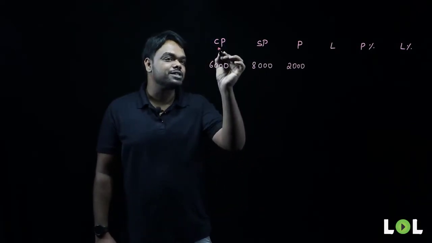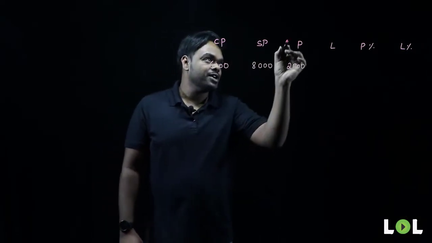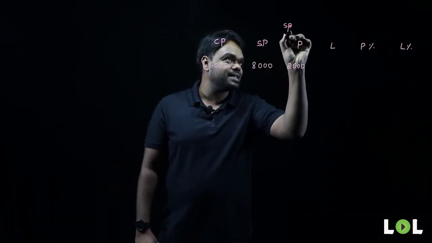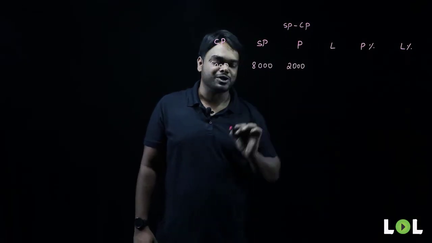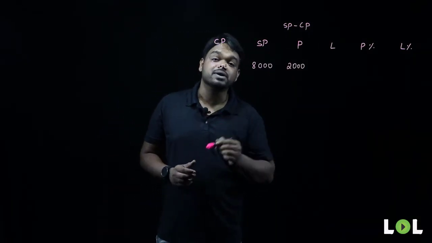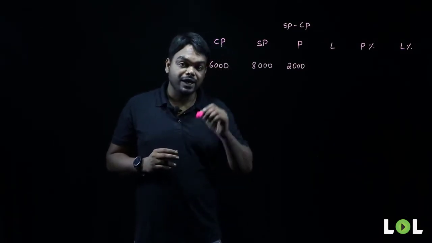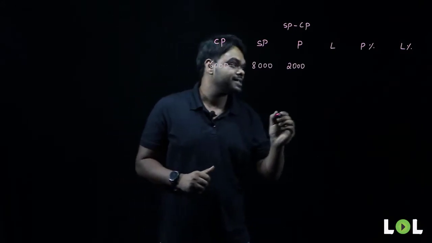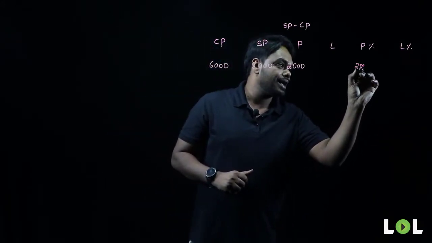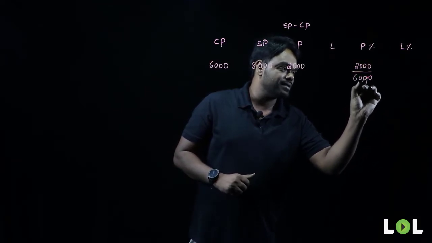Now, how did you calculate this profit? It is just the difference between your investment and revenue, that is, cost price and selling price. So we can say profit is nothing but selling price minus cost price. Now, profit percent. What is profit percent? It is the percentage of the profit you made on your investment. That is profit out of your cost price, which is 6,000.